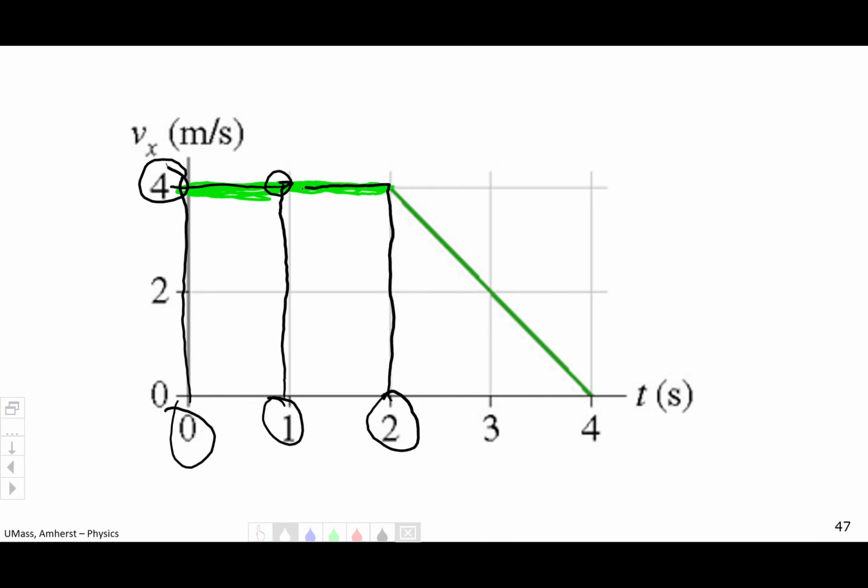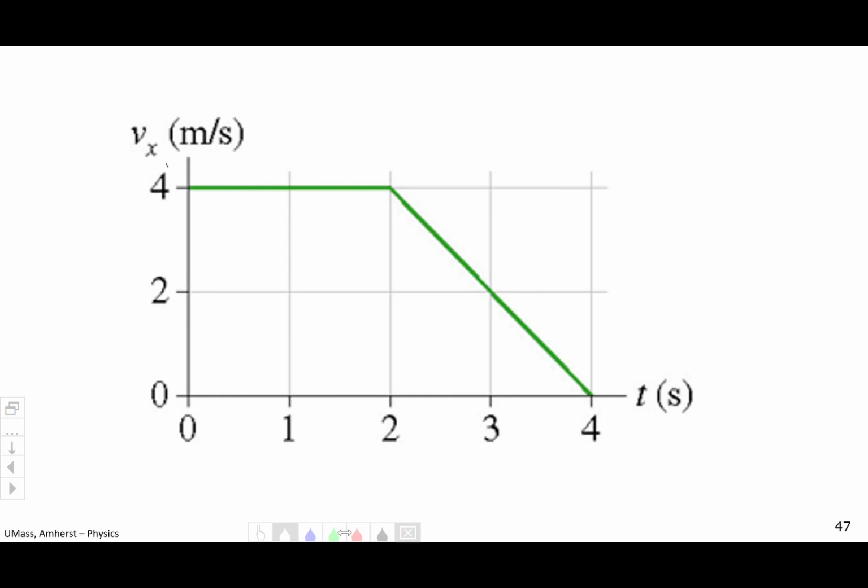At 2 seconds, it still has 4 meters per second. So if we're maintaining our velocity, the same velocity for a full 2 seconds, that means our acceleration is 0. For this segment, I'm going to put that in blue: acceleration is 0 meters per second squared.